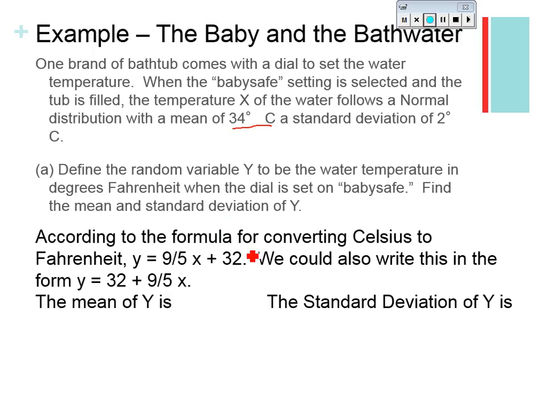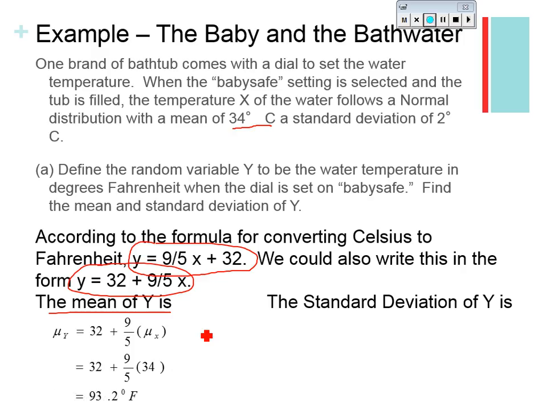According to the formula, if we're converting Celsius to Fahrenheit, we have Y equals 9/5 X plus 32. We could also write this as Y equals 32 plus 9/5 X. We find the mean of Y by taking the temperature, 34 degrees Celsius, multiplying it by 9/5 and adding 32.